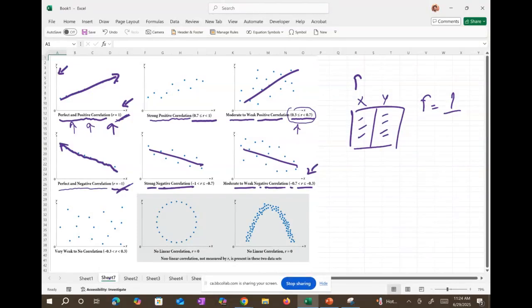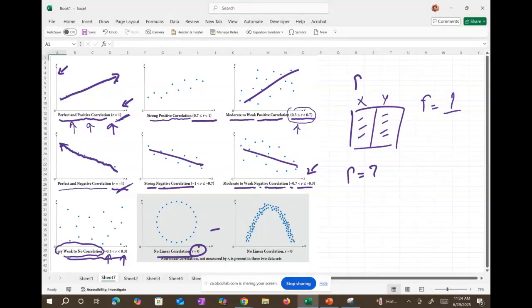And then there is very weak correlation if the value is between -0.3 and +0.3. So in this one, weak or almost no correlation. And if the r value is 0, then there is no linear correlation between the values.